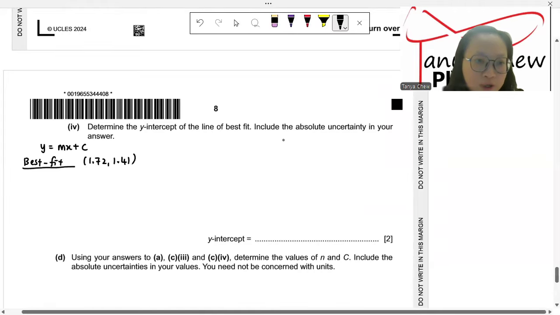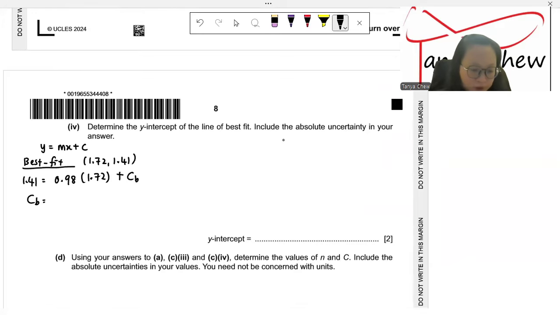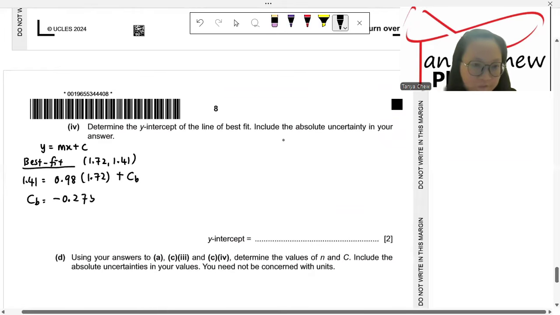Right, so this one is 1.41 equals best fit gradient 0.98 times 1.72 plus best fit y-intercept. So make y-intercept the subject. I'm going to calculate right now. 0.98 times 1.72, and then you just take 1.41 minus the answer. And I got negative 0.2756.